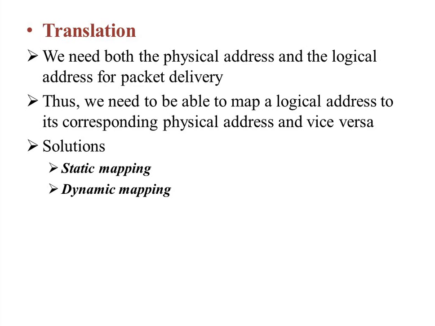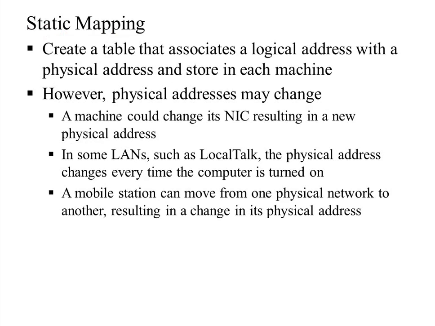For that purpose we need to map these addresses, and the solutions for mapping are static mapping and dynamic mapping, so that we can deliver the packet appropriately. In static mapping, you create a table that associates the logical address with a physical address.